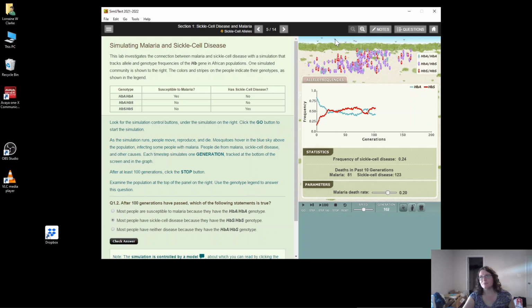What you can see up here is the mosquitoes that live in this area. And we have a malarial death rate of 20%. That's a lot. Malarial death rate, though, is only affecting those who are maybe a certain genotype, okay? This talks about selection in a specific environment.